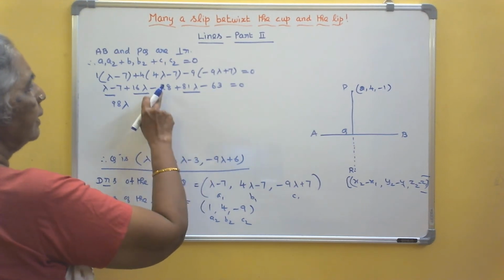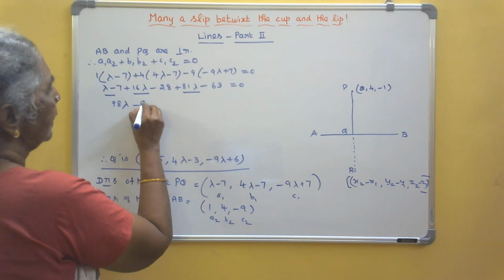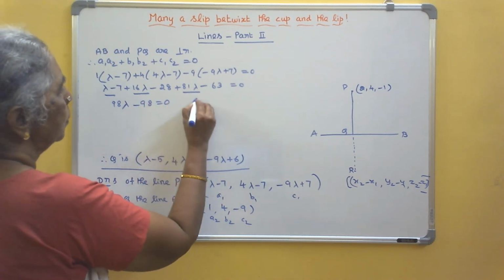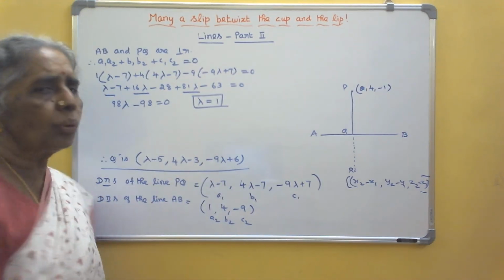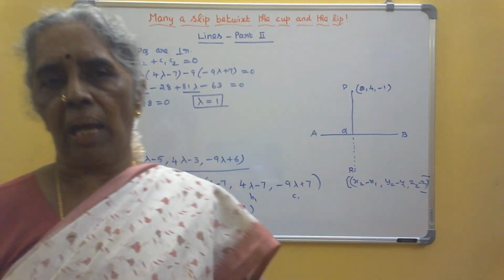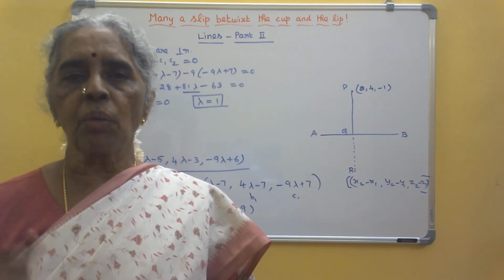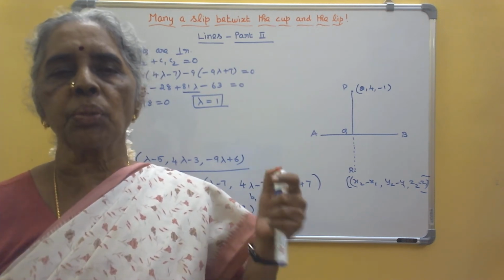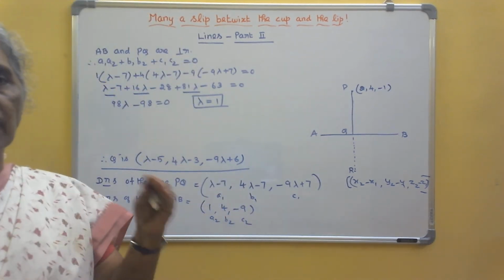Then 63, 28, 7, so 35 and 63 I will get 98. That is 0. So my lambda is equal to 1. So you will get the value of lambda when you use the concept A1A2 plus B1B2 plus C1C2 is equal to 0. Okay. So now I told you the foot of the perpendicular is the main thing.